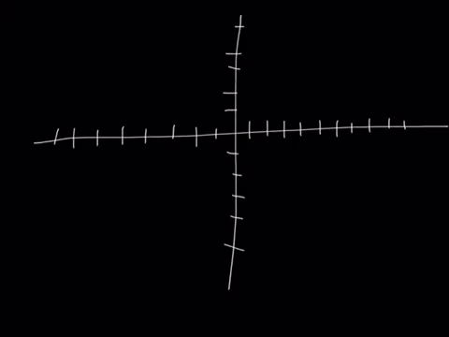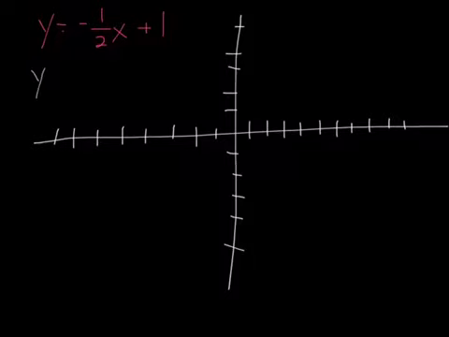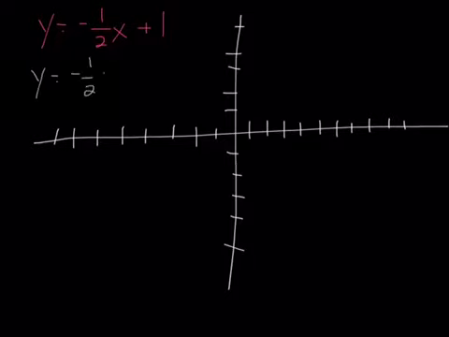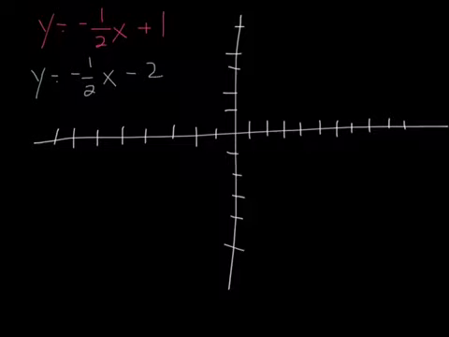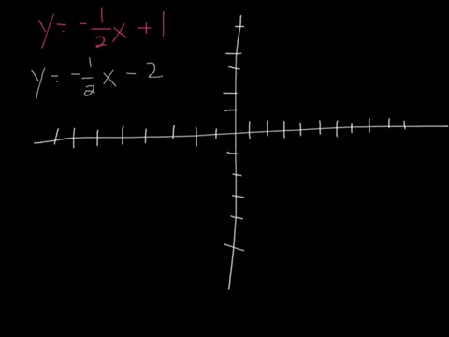Let's look at something interesting here. Let's graph y equals negative 1/2 x plus 1 and y equals negative 1/2 x minus 2 on the same coordinate plane. Can you think of anything interesting that might happen here?